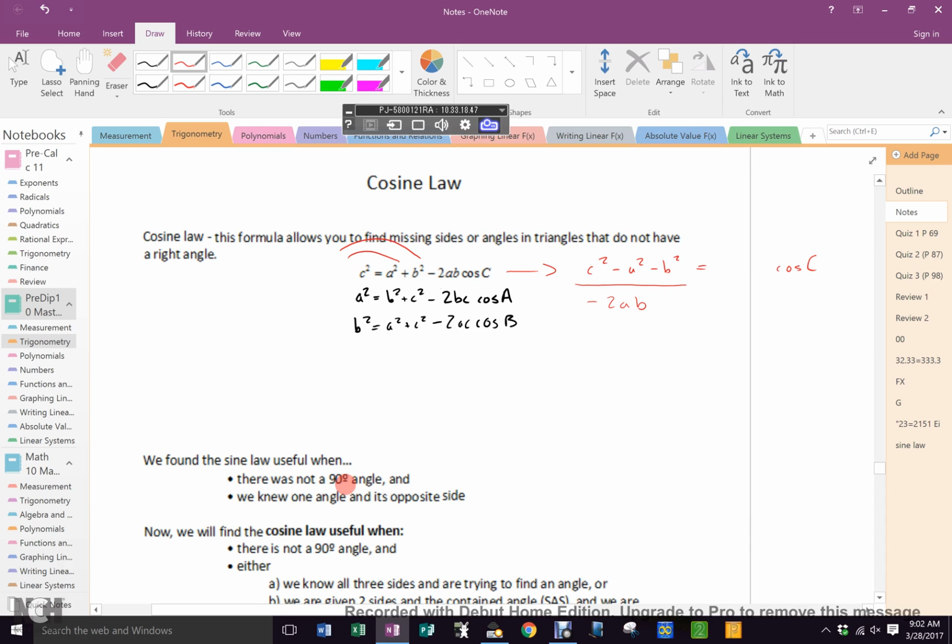Sine law works when there's no 90 and we know one angle and its opposite side. We can make a pair. As long as I know one of the pairs, I can do sine law. Right?